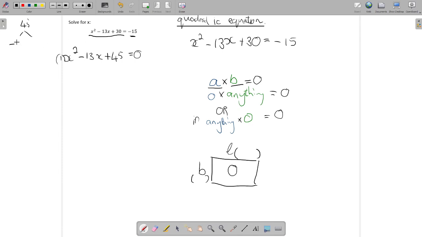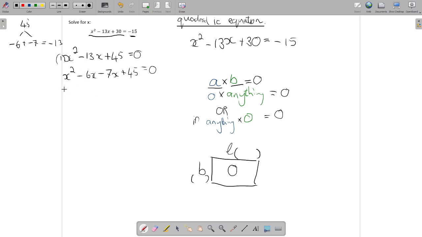Well, if I take minus 6 and I add it to minus 7, that will give me minus 13. So, to factorize here, I'll go x squared minus 6x minus 7x plus 45 is equal to 0.